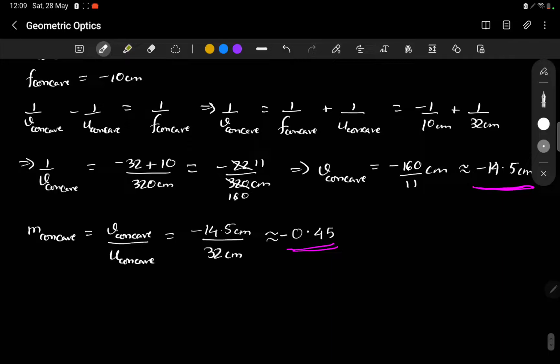Over here another inversion is happening because of the negative sign.